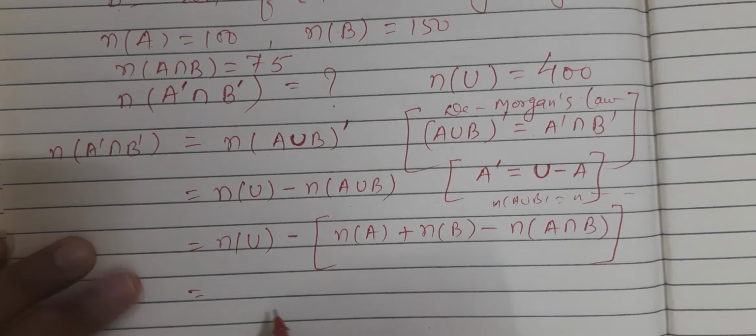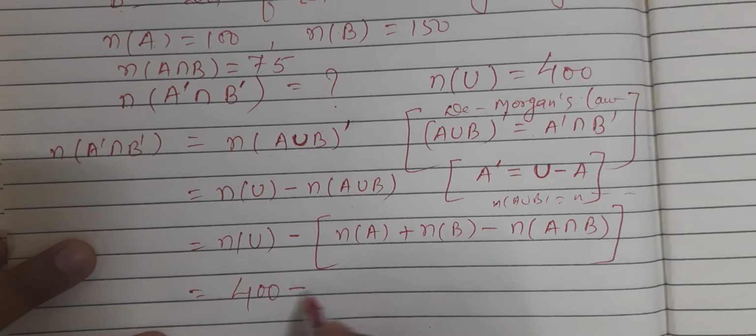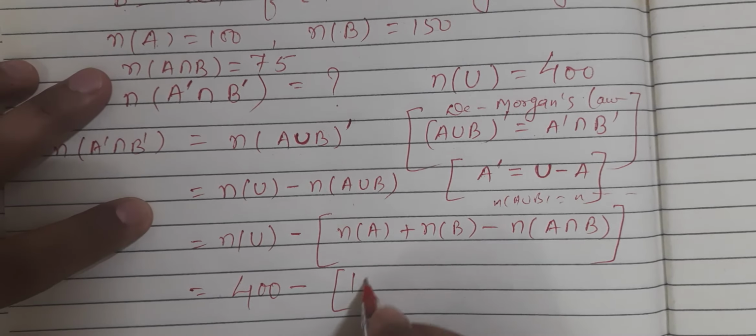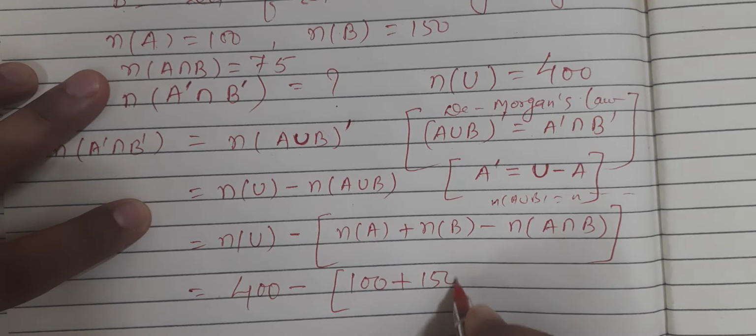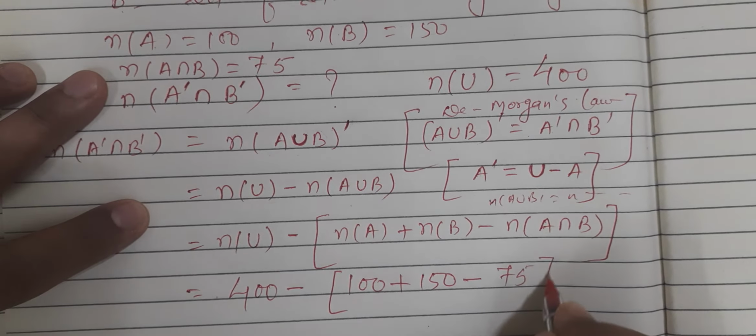Now we'll put all the values. This is given 400, minus this is given 100, and this is 150, and this is also given 75. Now we will simplify.